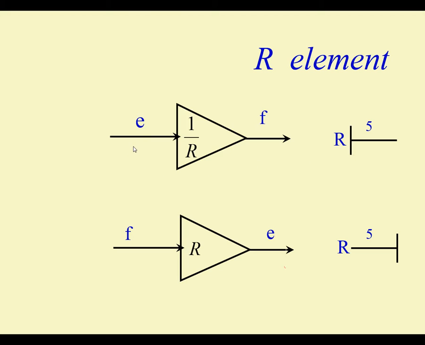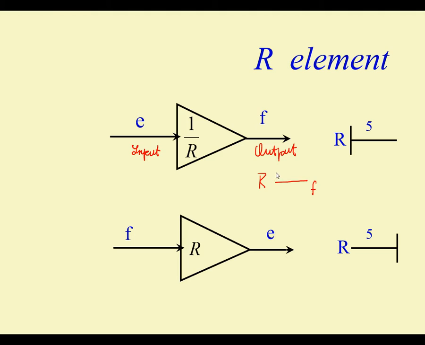You see, this is input and this is the output. So if this is R, what's the output of this? You immediately put F in here. What's the input of this?